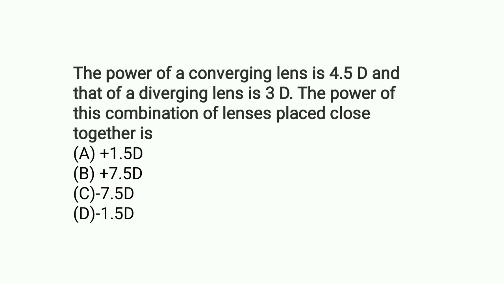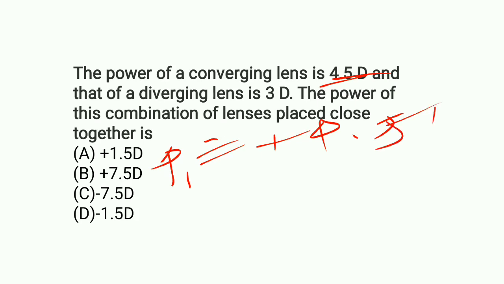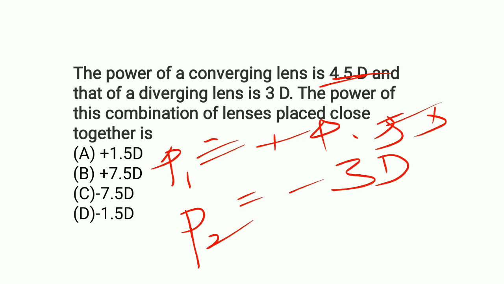The converging lens has power P1, which is plus 4.5 diopter because it is converging. The second lens is a diverging lens, so its power is negative, so I take minus 3 diopter.